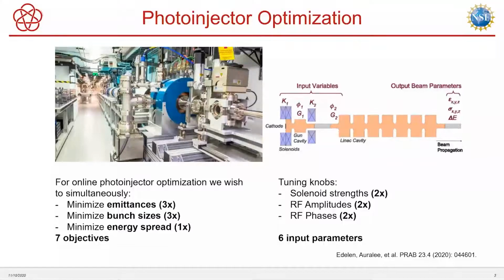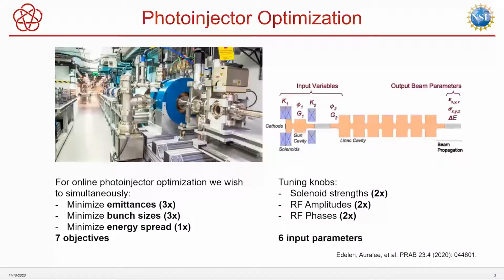For this photoinjector, ideally, we would like to minimize a bunch of different facets of the beam simultaneously, including the three emittances, two transverse and one longitudinal, the bunch size in three-dimensional space, and the energy spread. However, reducing some of these objectives stands in contrast to others.